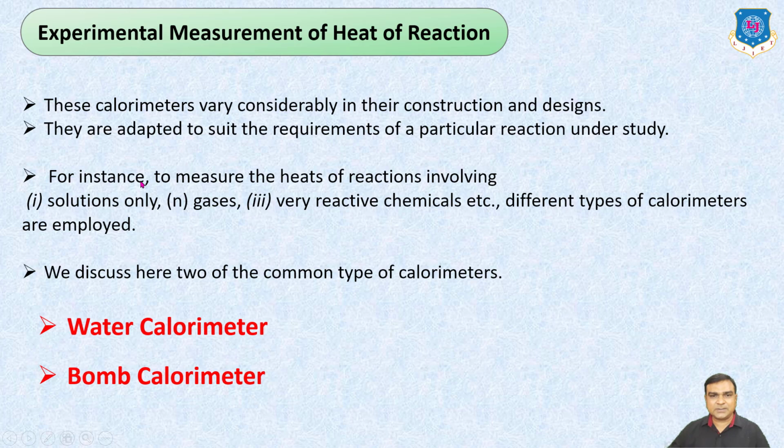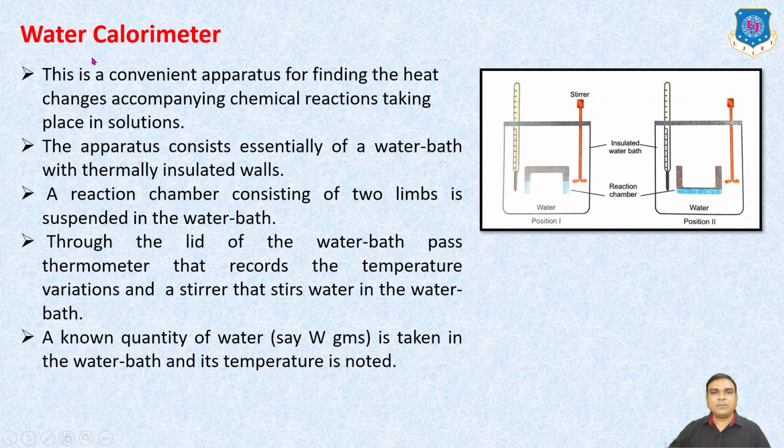For instance, to measure the heats of reaction involving solutions only, gases, very reactive chemicals, etc., different types of calorimeters are employed, but in this lecture we will discuss two common types of calorimeters. Okay, so first is the water calorimeter and second is the bomb calorimeter. Water calorimeter.